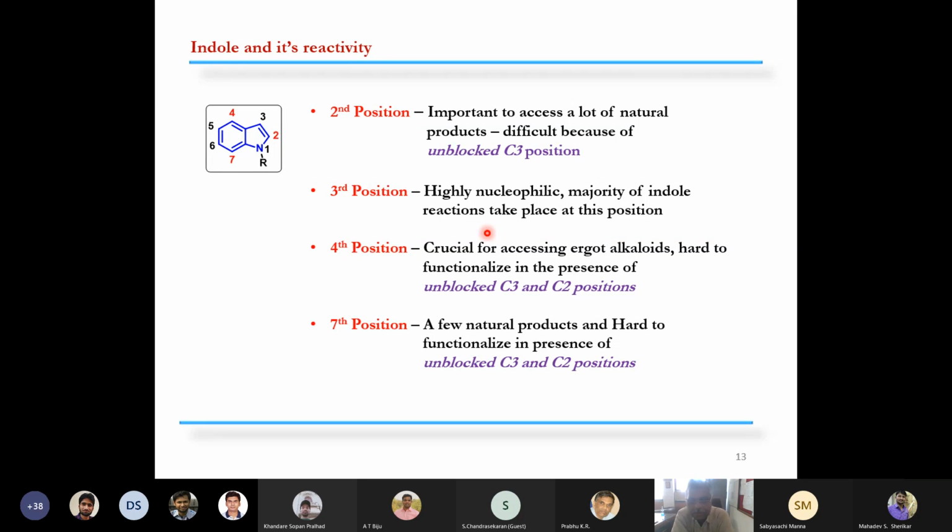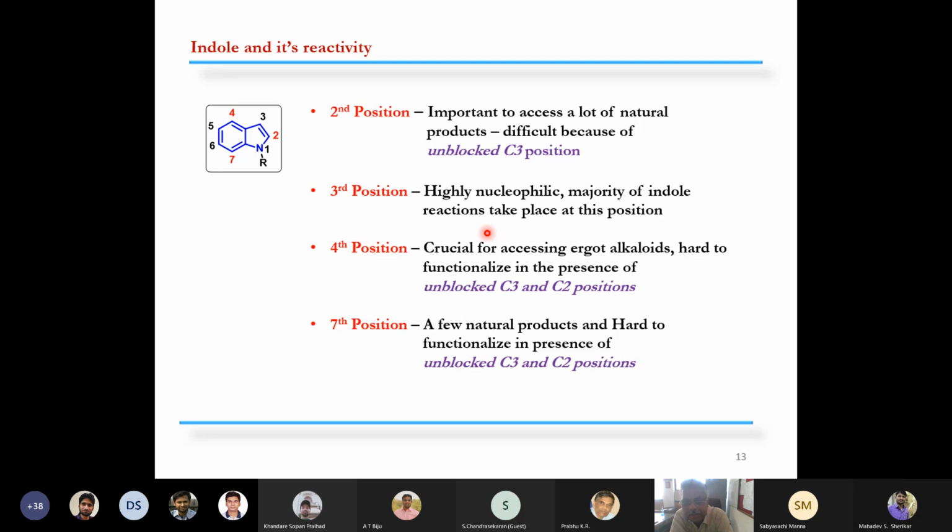But in all your activation, you are blocking your C3 with a group, which is going to be the directing group, right? Sir, your voice is breaking. I did not hear the question. No, but you say that in indole and its reactivity at the fourth position, you cannot functionalize the fourth position with unblocked C3 and C2 positions.